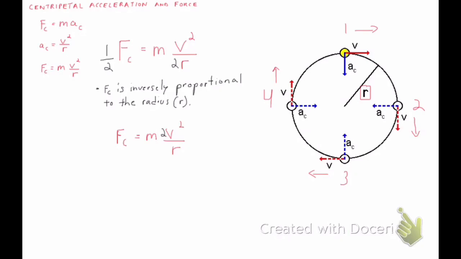When we double the velocity, this equation has to be written like this: double the velocity, squared. Now, can we write this equation differently? Yes, we could write it as m times 2 squared times v squared over r. I'll just put that there so you know exactly what's going on.